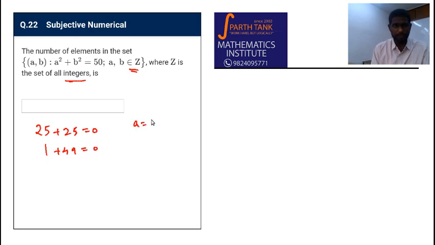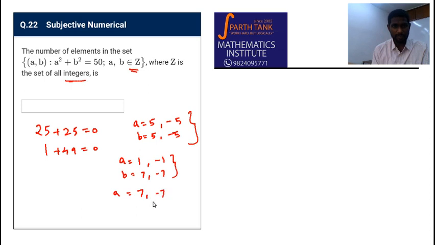So a can be 5 or minus 5, and at that time b can also be 5 or minus 5. Okay, this is one possibility. Or a can be 1 or minus 1 and b can be 7 or minus 7, and at the same time a can be 7 or minus 7 and b can be 1 or minus 1.